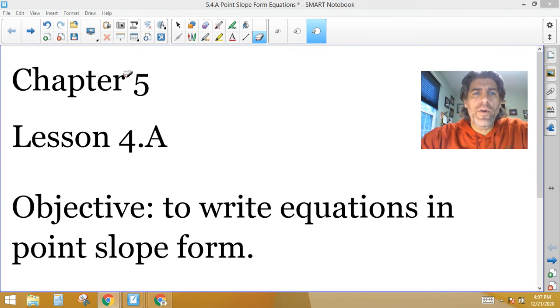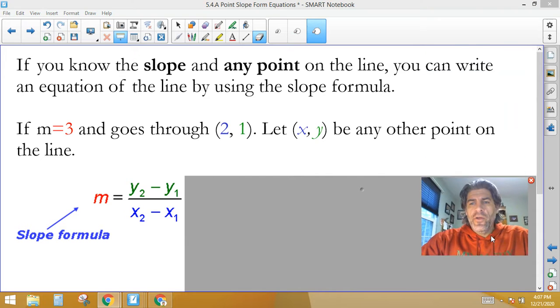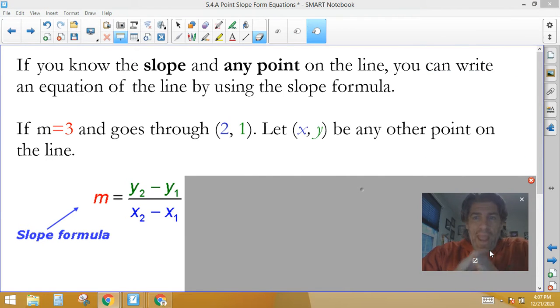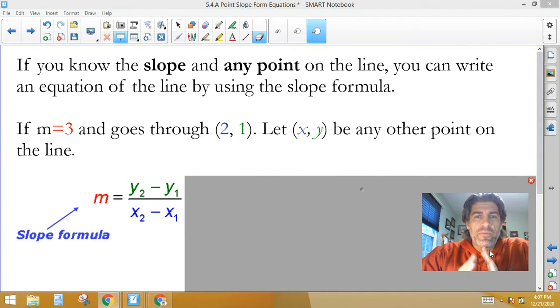So what I'm going to do now is break down where this equation comes from so you have a solid base of understanding. If we know the slope and any point, we can write an equation, originally from the slope formula, y2 minus y1 over x2 minus x1.